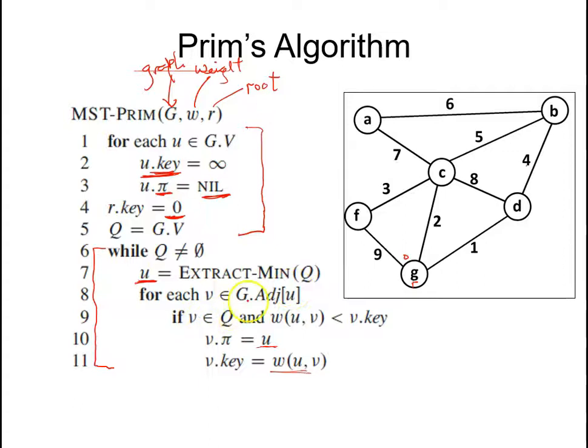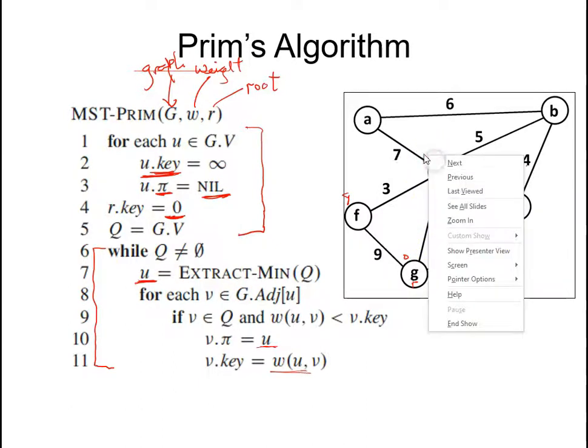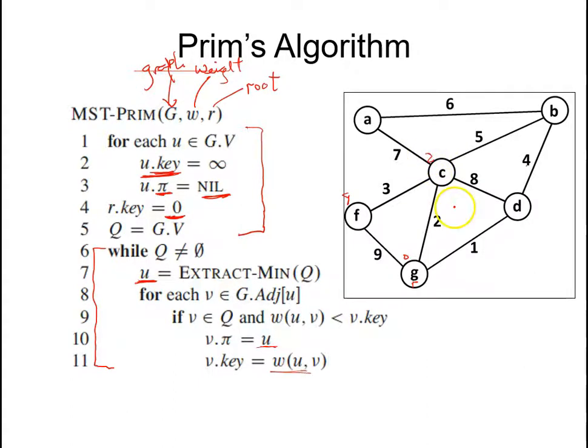But since this vertex would still be in the Q and its weight would be less than the infinite value, this weight is going to be written as the new key value for this node. Similarly, this weight of 2 is going to be written as the new key value for this node. And this weight of 1 is going to be written as the new key value for this node. Okay? So we've done it for all the adjacencies for our root.